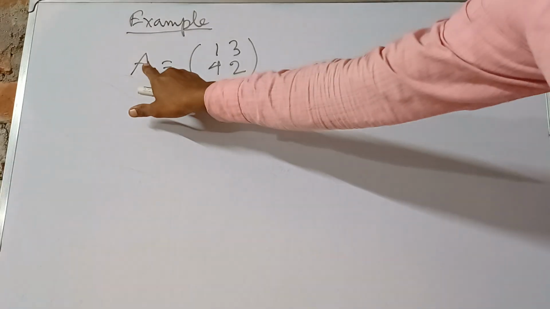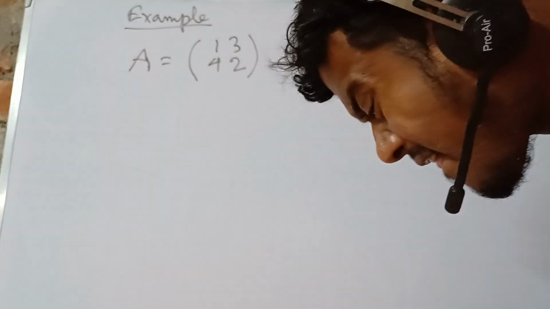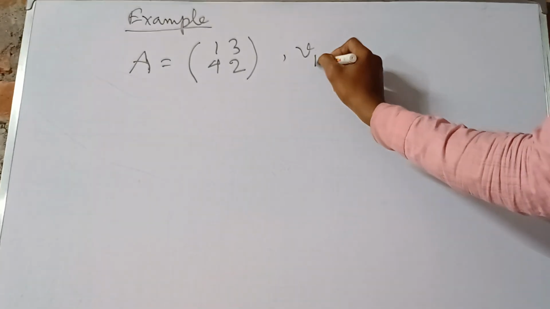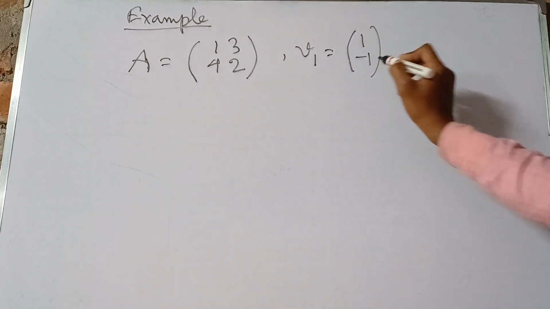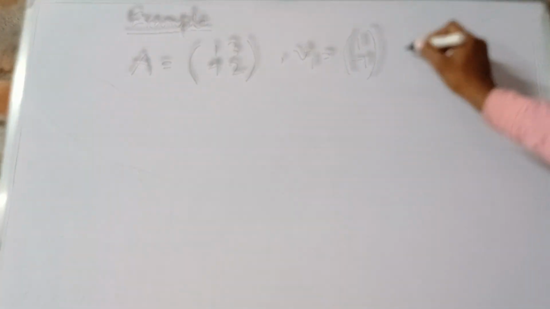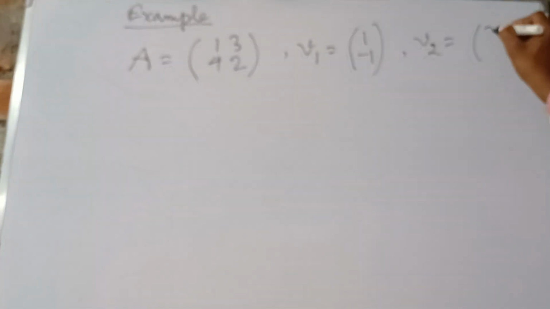Here v1 equals (1, minus 1) and v2 equals (3, 4).